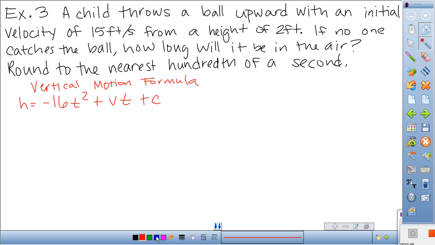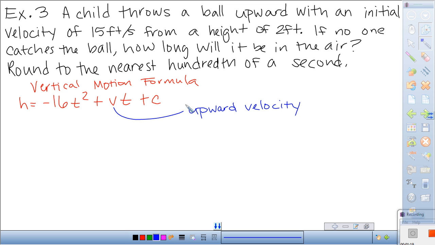Now, v stands for the upward velocity. And c stands for the starting height. That's all you need to be able to find what we're trying to find here.